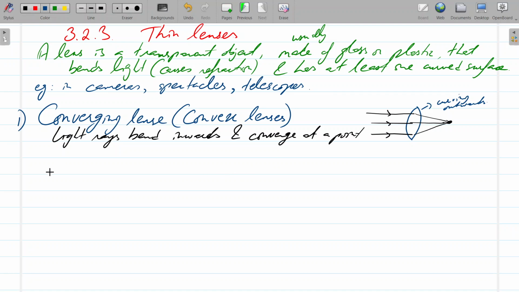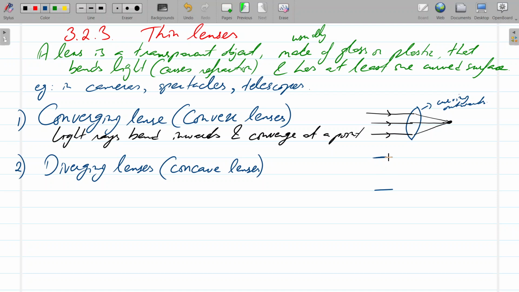Then the other type you have are diverging lenses, more formally known as concave lenses. And so as you said, they sort of look like an hourglass.